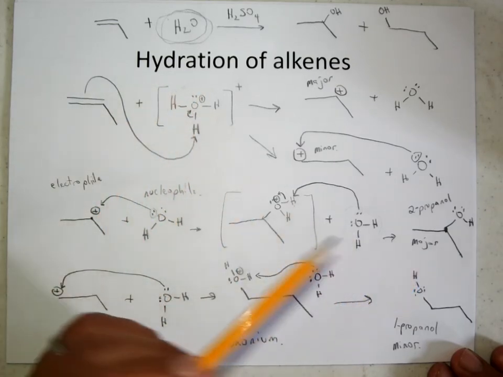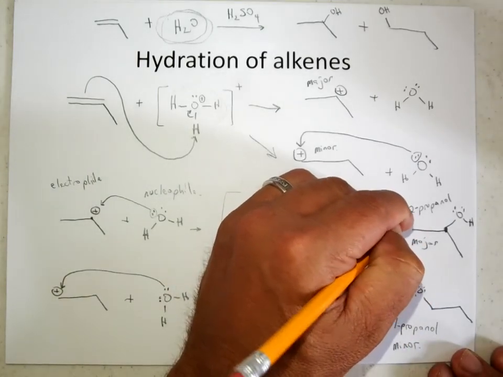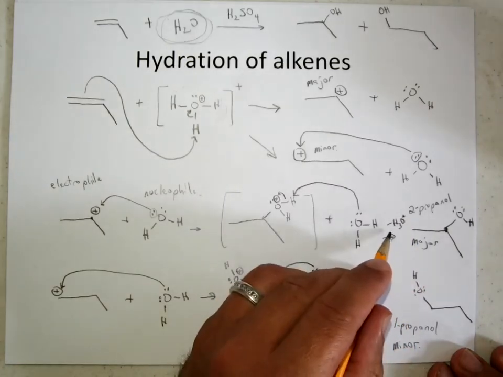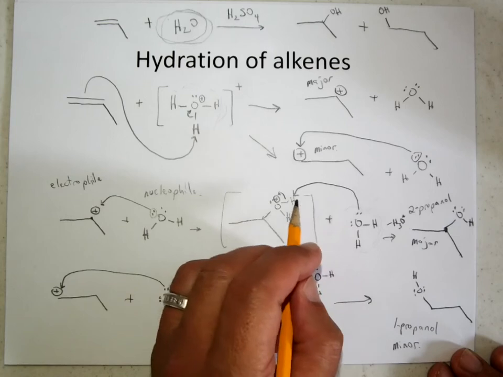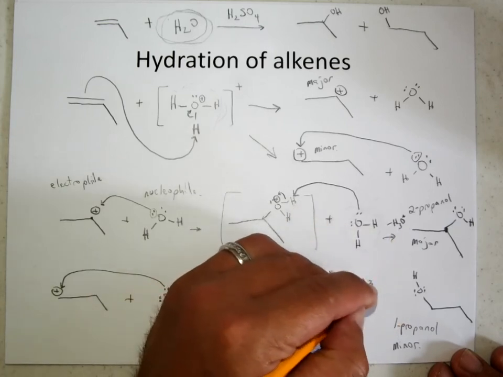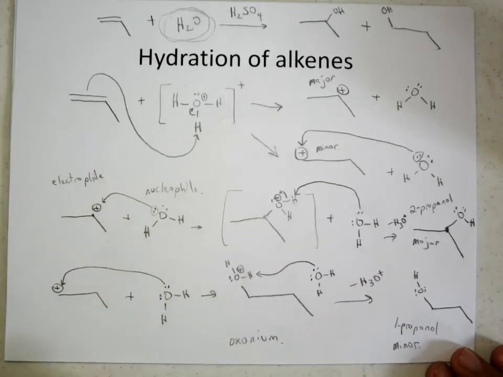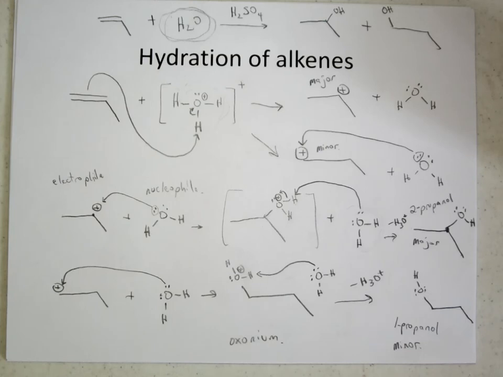So both of these will have the H3O plus generated. And since I'm about out of room, I'm just going to write a little minus H3O plus. Say this water grabs the plus and exits as an H3O plus, right? And that regenerates the catalyst that kicked things off.